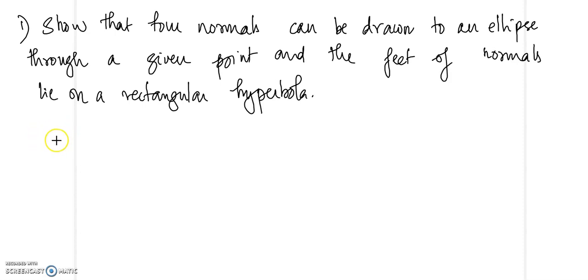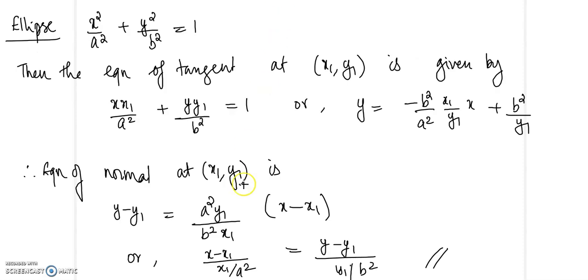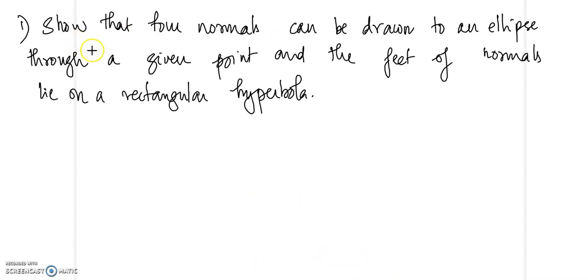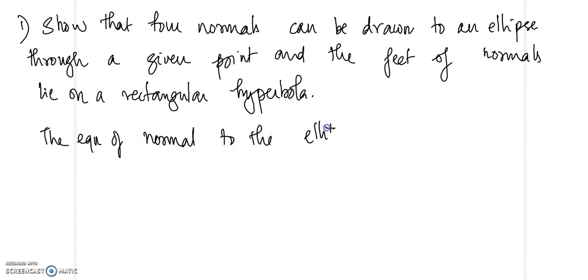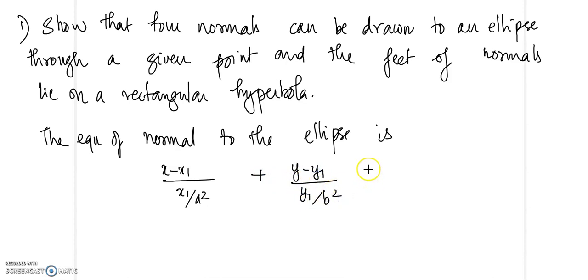The equation of the normal to the ellipse is, we will use this equation: (x minus x1) by (x1 by a square) equal to (y minus y1) by (y1 by b square). Let me call it equation 1.